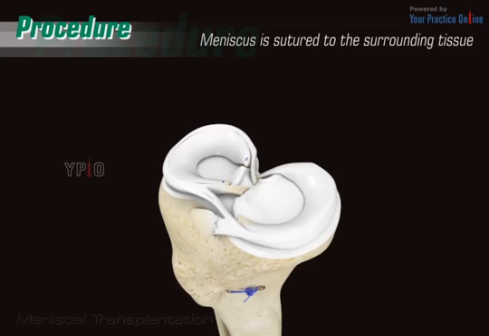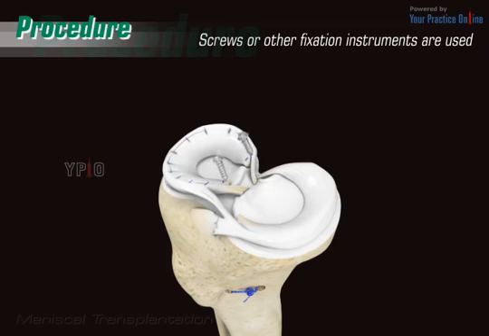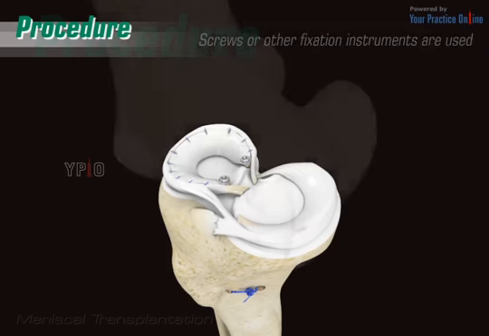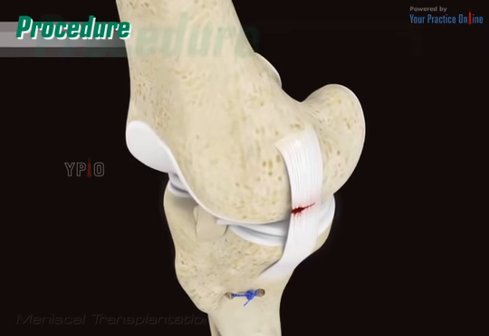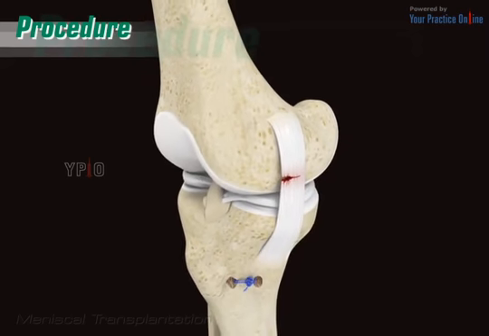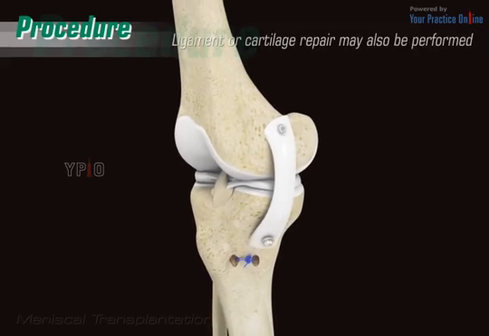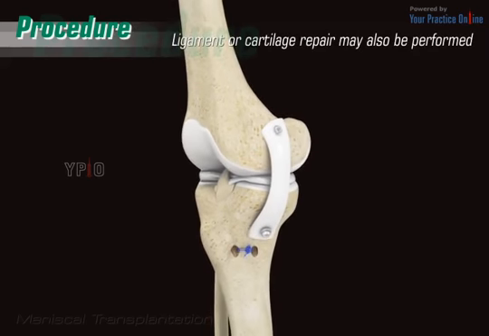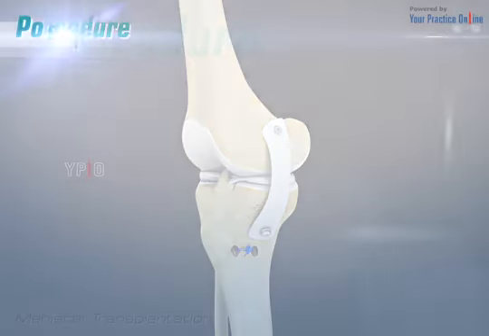The new meniscus is then sutured to the surrounding tissue, for which an additional small incision is required. Screws or other fixation instruments are used to secure the meniscus in place. Depending on the severity and nature of the damage, additional procedures such as ligament or cartilage repair may also be performed along with the meniscal transplant.